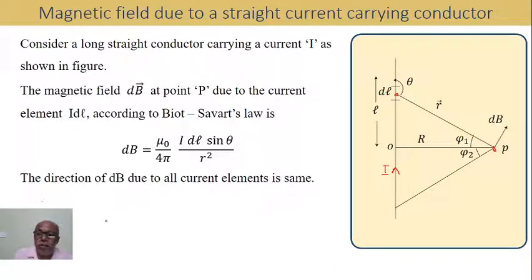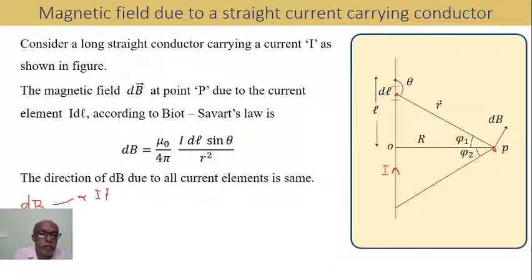According to Biot-Savart's law, the magnetic field dB is directly proportional to I dl, the magnitude of the current element.